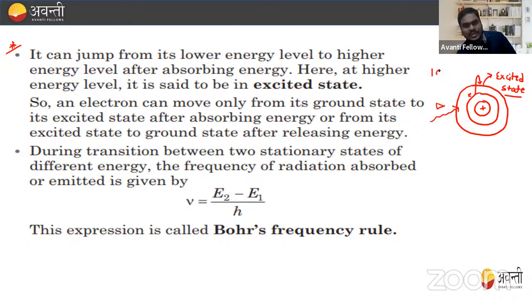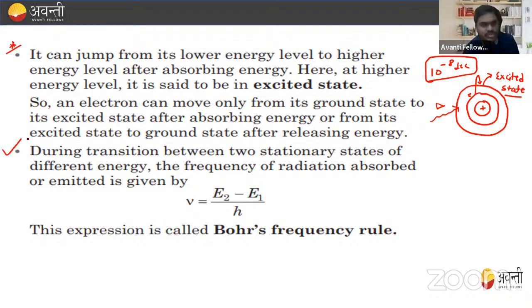It's around 10 raised to the power minus 8 seconds. So this is a very short time during which the electron is present in the excited state. As soon as this energy is over, it returns back to its ground state, right? So an electron can move only from its ground state to the excited state after absorbing energy, or from its excited state to the ground state after releasing energy, right?